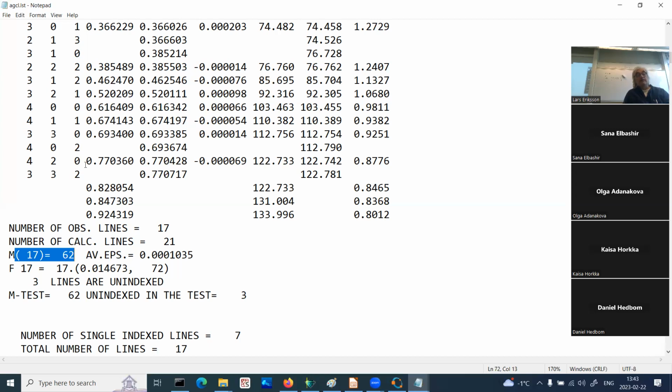So this tetragonal unit cell fits the first 17 lines very well, but you don't accept the 3 unindexed lines.